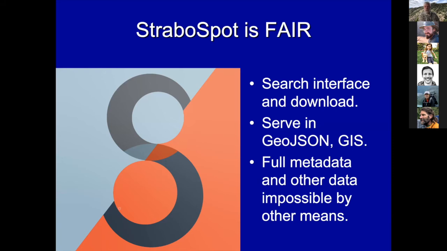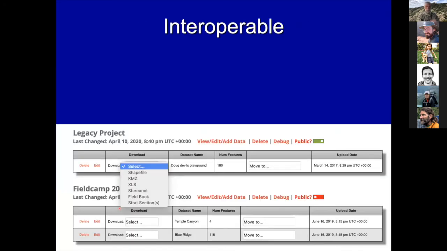It has all the metadata with it, including images, photographs, whatever you want. And in that way, your data are findable. It can interoperate. The JSON or GIS can be used in various programming environments. It's accessible through the interface, and then it's reusable. You can pull the data in and use it however you want.